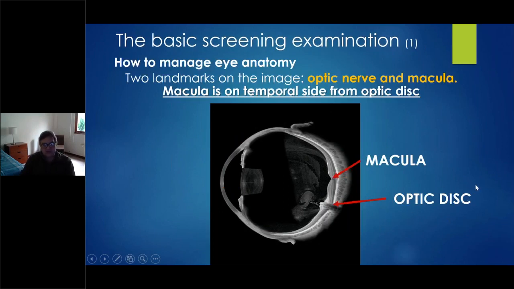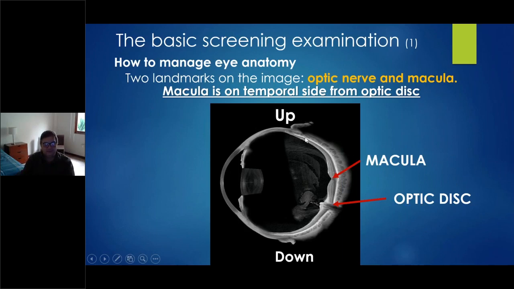And try to keep the macula always on the temporal side of the optic disc. In this way, you know if the pathology is in the macula or near the macula. This is very important, for example, in a cataract surgery or in other conditions.